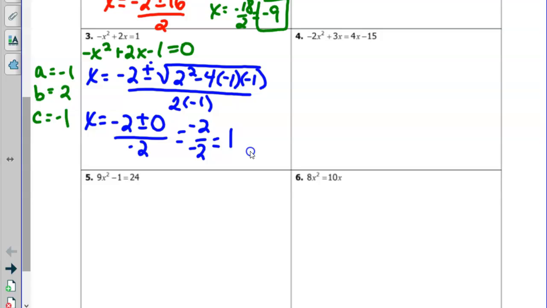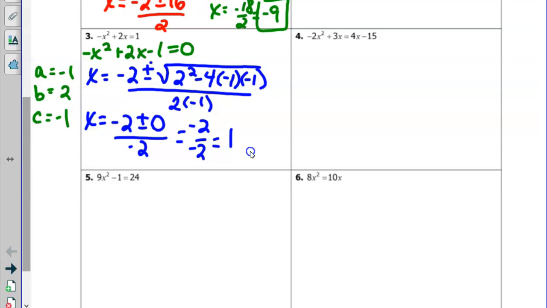You could do that because you would have difference of squares, right? In all three of those methods, you'll get the same answer. So on a test, it depends on what the title of the section is. If it says to solve by factoring, you'd have to do your difference of squares. If it says to solve by square root, you'd add the 1 over. If it says quadratic formula, you have to use quadratic formula.